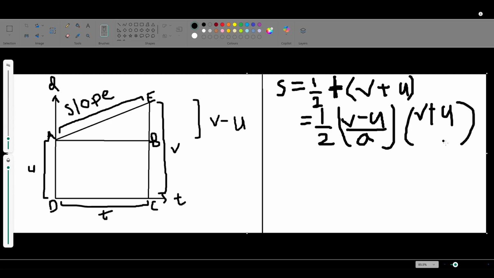Okay, and from here on out it just becomes very simple, because we already know that a minus b into a plus b is also known as a squared minus b squared.